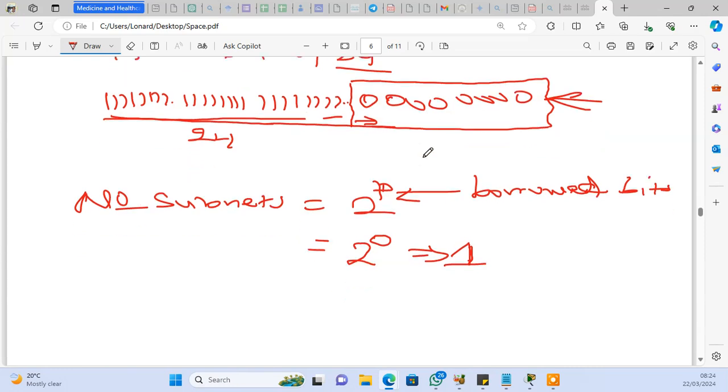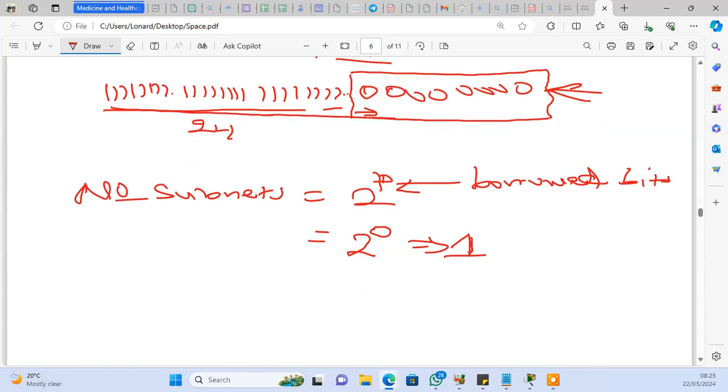And that network, of course, is the exact one that we are dealing with, which is 192.168.1.0, slash 24. The slash 24 is equivalent to 255.255.255.0 in decimal.